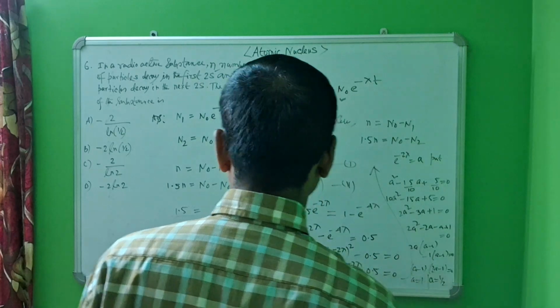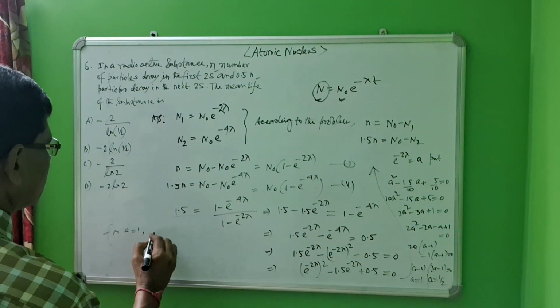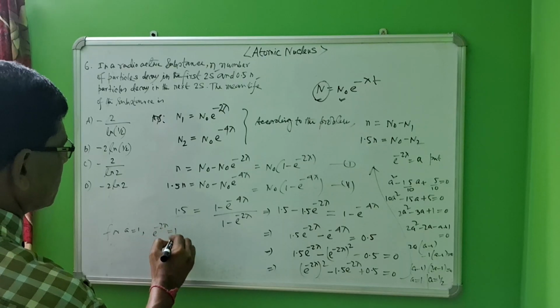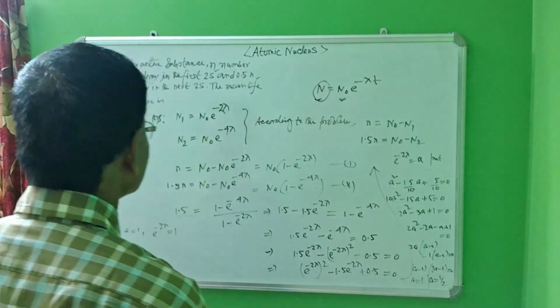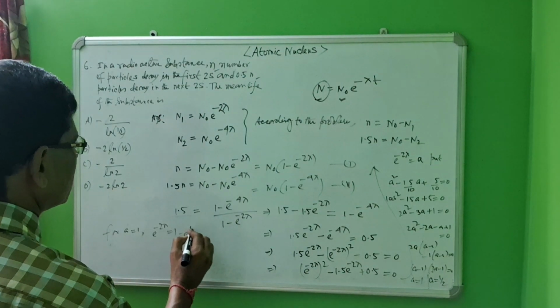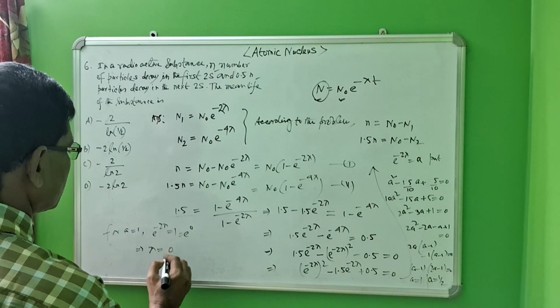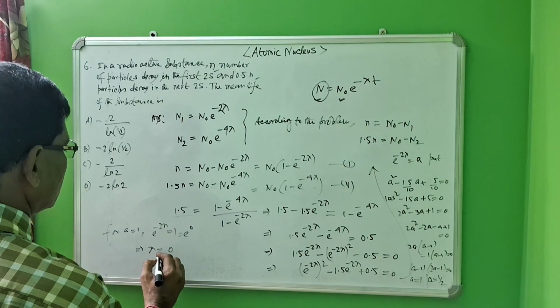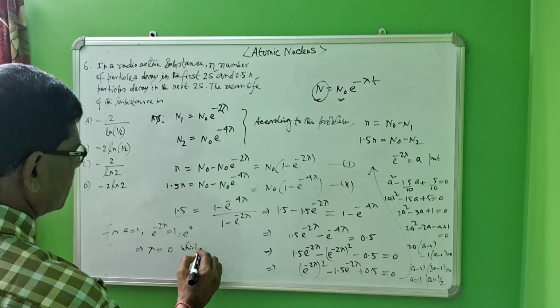So from here, for a equals 1, we get e to the power minus twice lambda equals 1 equals e to the power 0, which implies lambda equals 0, which is impossible because the disintegration constant cannot be 0.